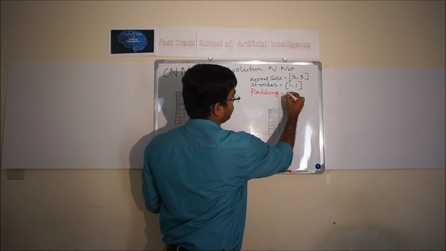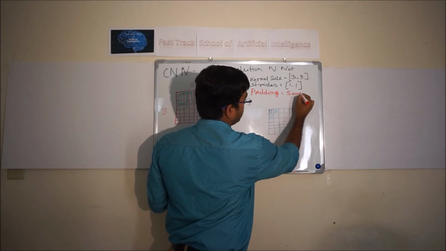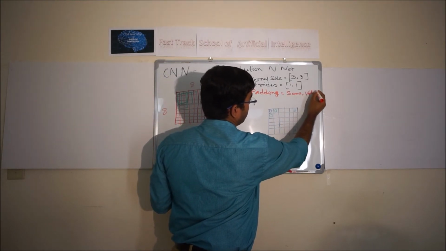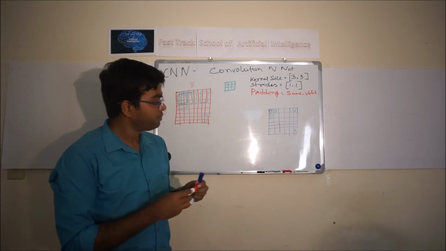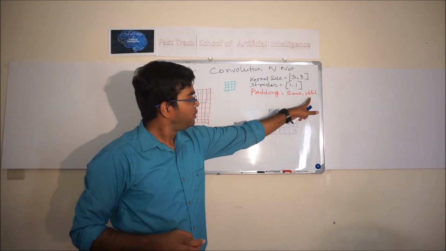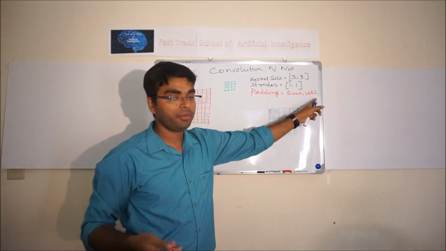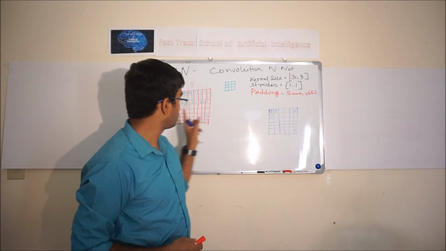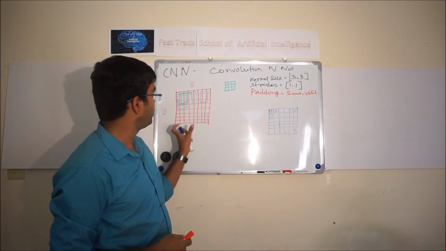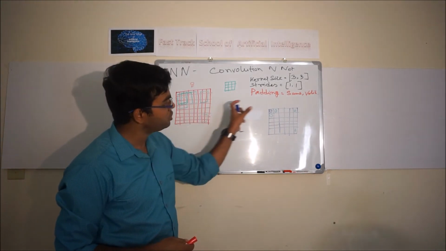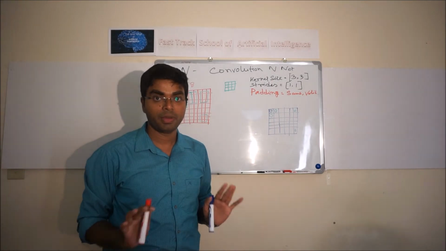It can take 2 values, same or valid. The padding is by default configured, normally in most frameworks, as valid. So if we are applying these 3 by 3 filters on top of this 8 by 8 image, it is going to produce a 6 by 6 image by default.